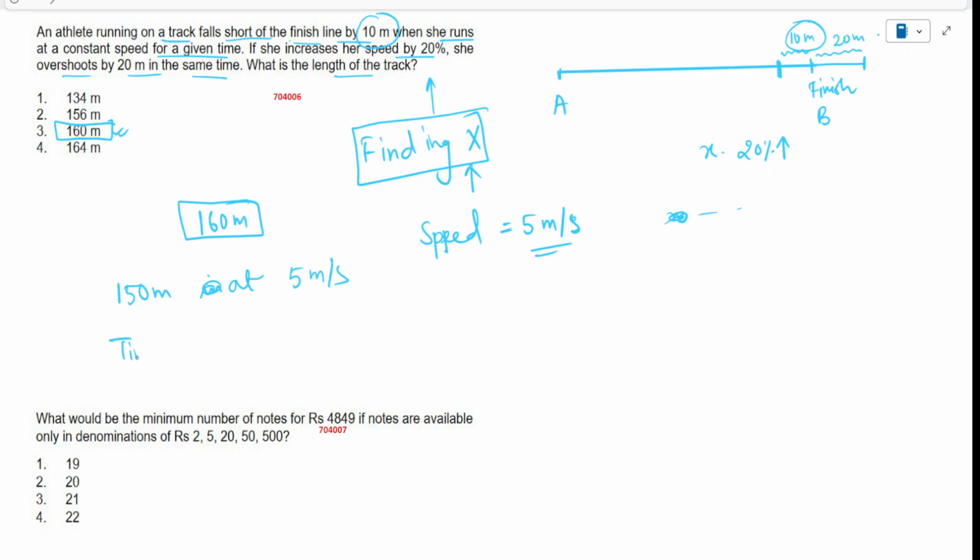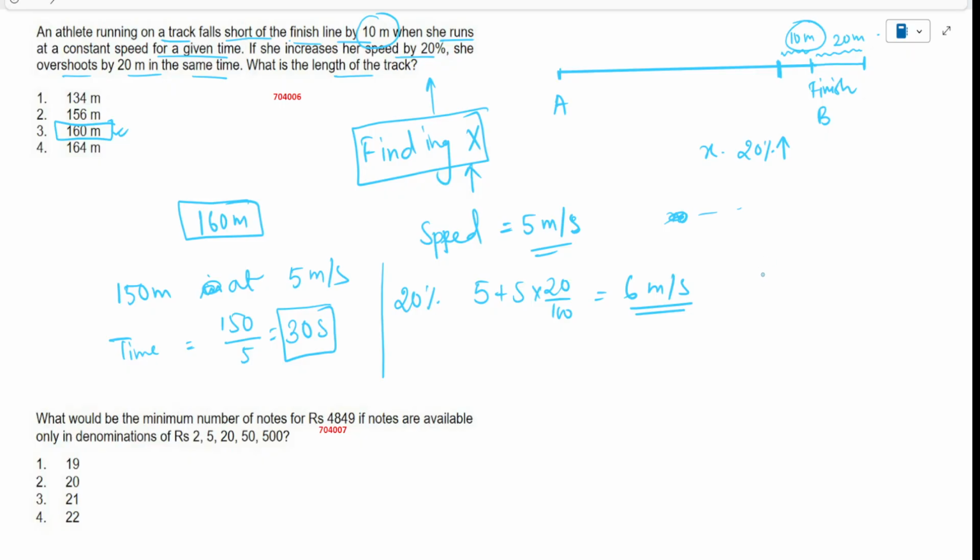Therefore, the total time taken to cover this 150 meters is 150 by 5, which is 30 seconds. And if she increases her speed by 20%, that means 5 plus 5 into 20 by 100, which is 6, so 6 meters per second. If she runs at 6 meters per second, then she overshoots by 20 meters.